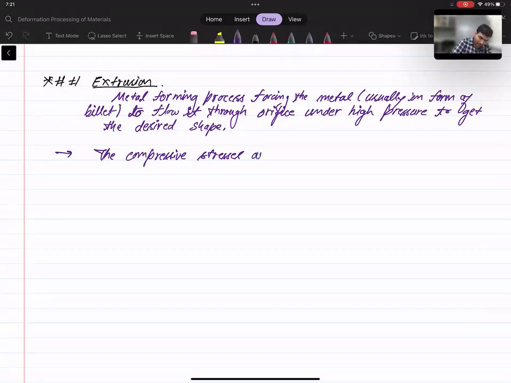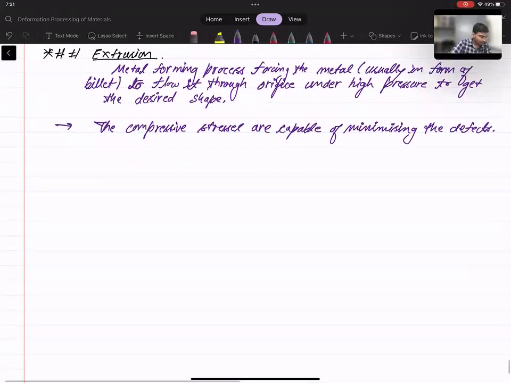This makes this process very widely used, generally sought at various stages or various places for forming particular shapes.